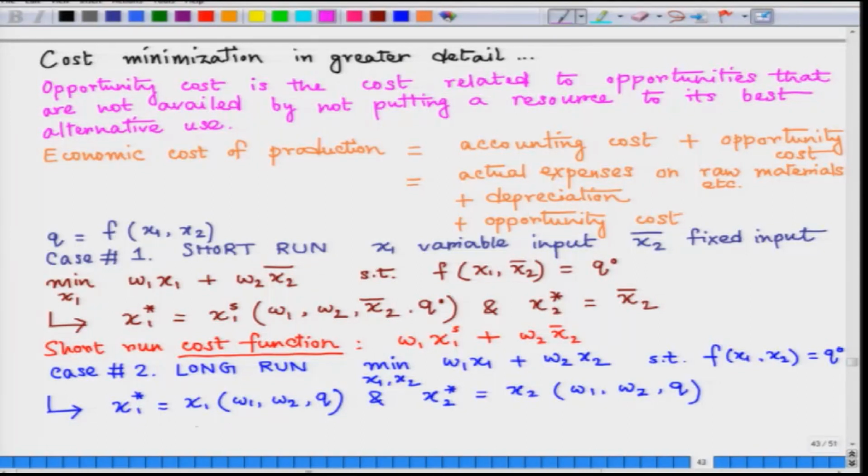Now note that these two functions, x1 and x2, are known as conditional input demand functions.